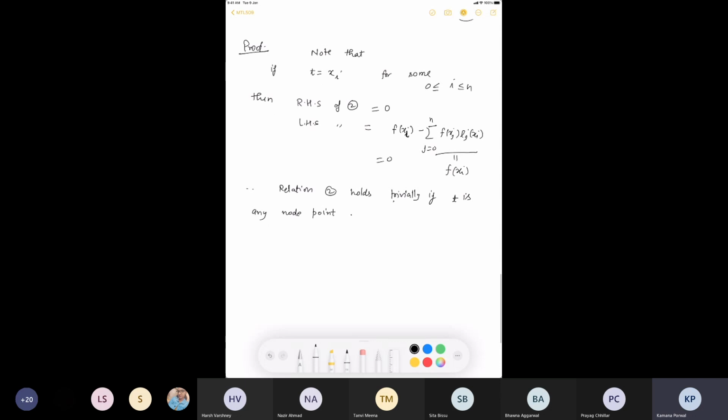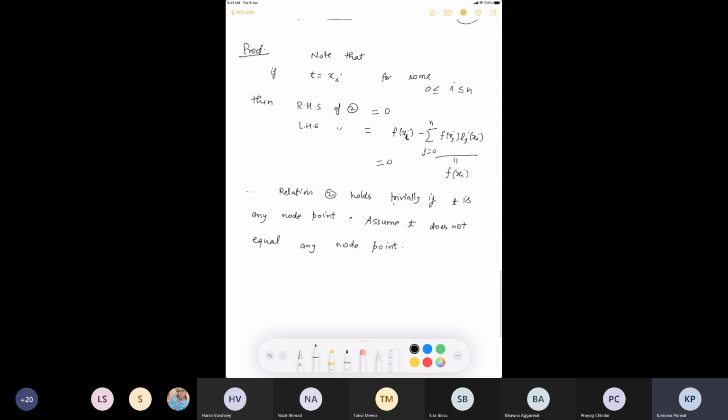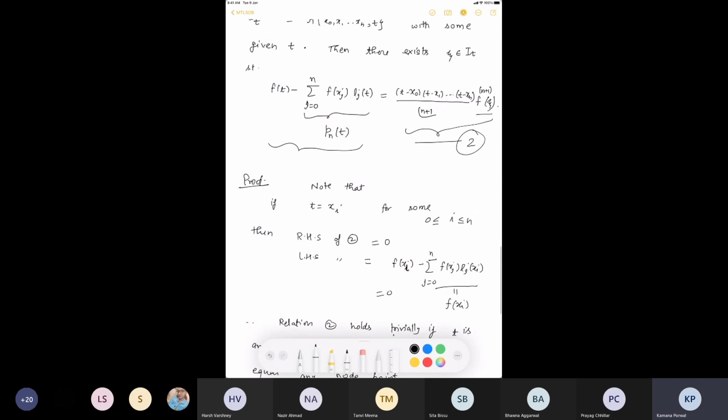So what we are going to assume now is that t is not equal to any of the node points, and then we are going to see what will happen to the interpolation error. So assume that t does not equal any node point. Then we will try to prove that f of t minus pn of t is going to be this expression.